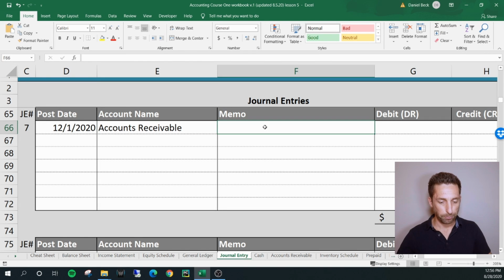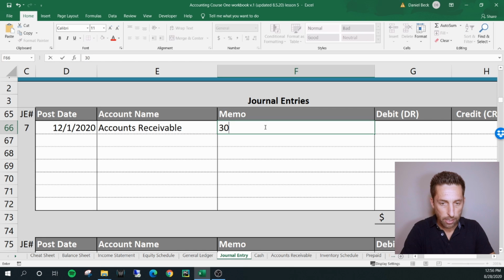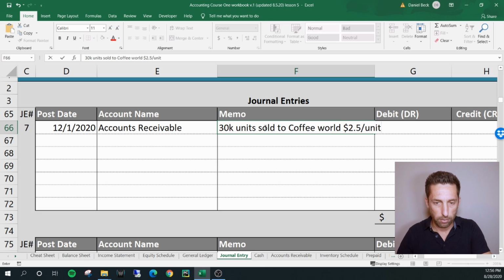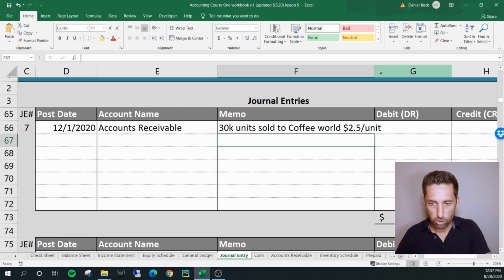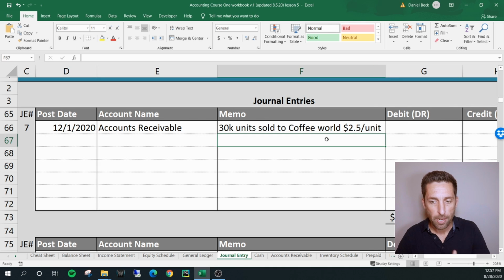So we'll write a little memo here: 30K units sold to Coffee World, $2.50 per unit. It's kind of long, so I'll stretch it a little bit. Okay, there we go. And it's an asset.